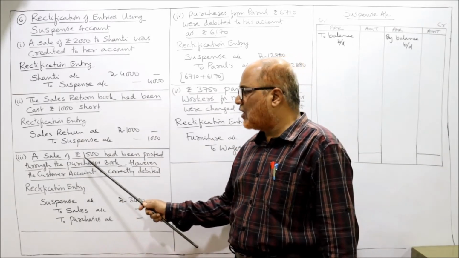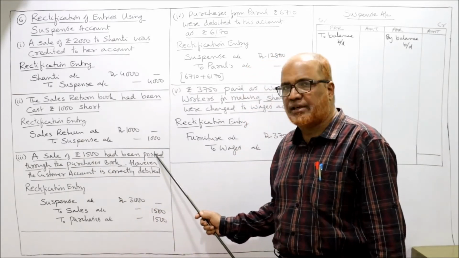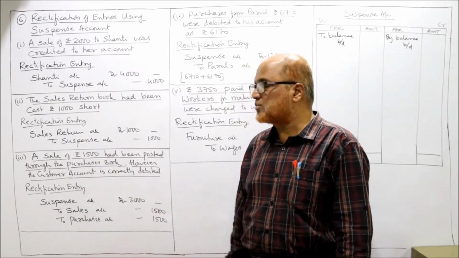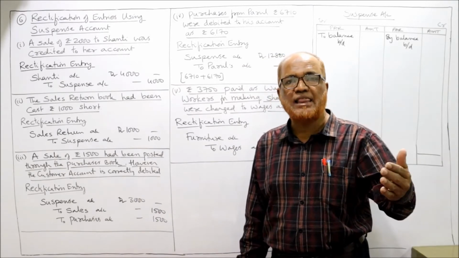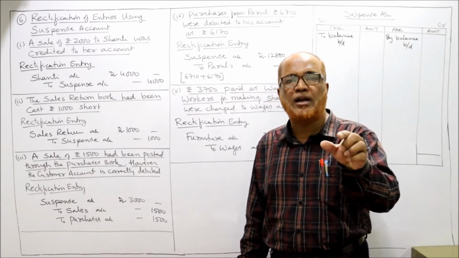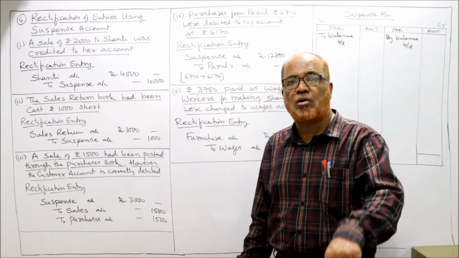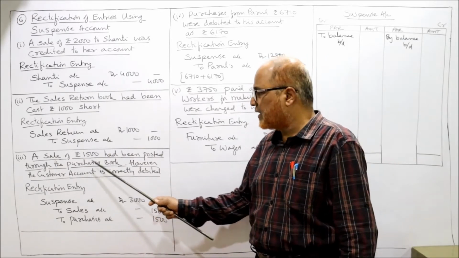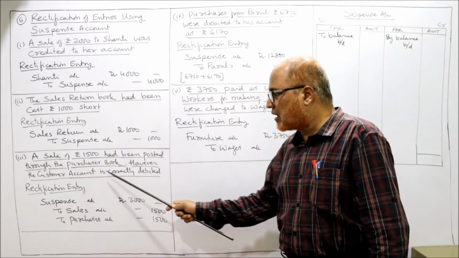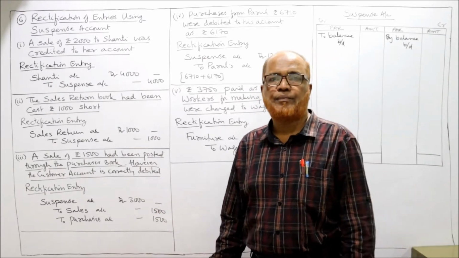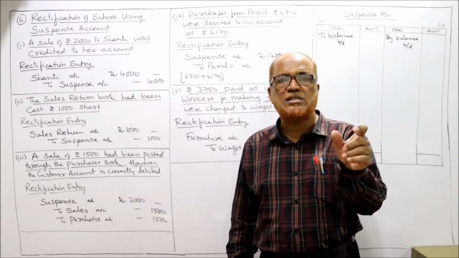Third, a sale of rupees 1,500 had been posted through the purchases book. Actually, when we sell the goods, it should have been recorded in the sales book, but by mistake the accountant has recorded it in the purchases book. However, the customer account is correctly debited. There is no error in customer account.